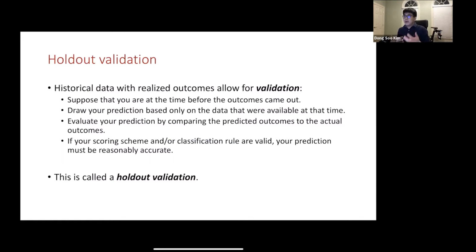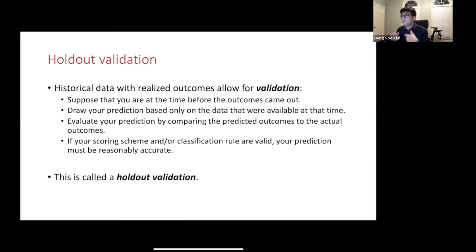This example implies that the given scoring scheme and classification rule can be tested or validated with past data. In past data, the actually realized outcomes are also available. So, as you did in the example, you can do simulation in the following steps. First, suppose that you are at the time the outcomes came out.